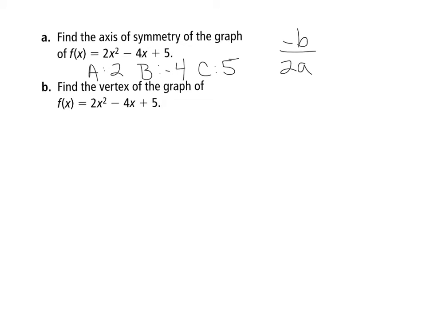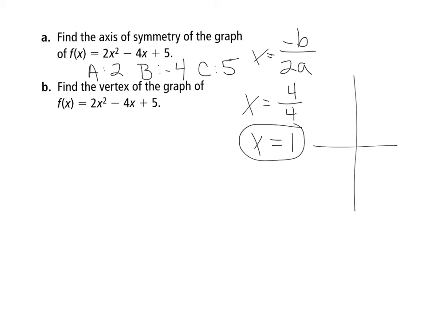So my axis of symmetry is going to be x is equal to -b, so the opposite of -4 is +4, over 2a, which is 4. X is equal to 1 is the axis of symmetry. So on a graph, it would be a line something like that.